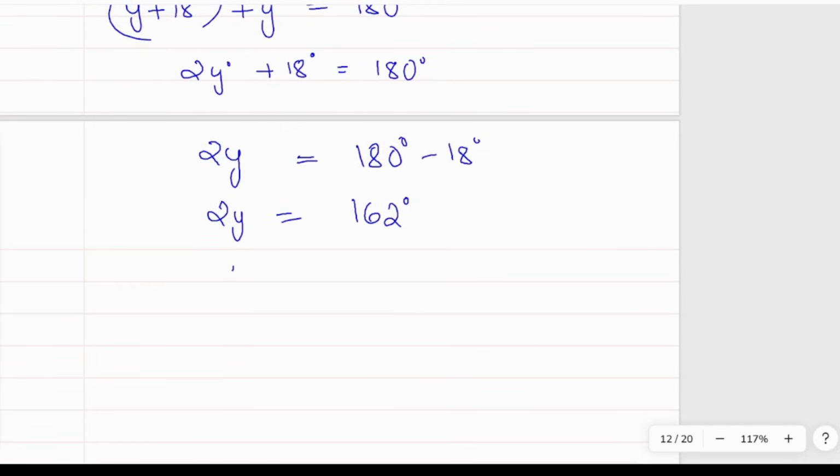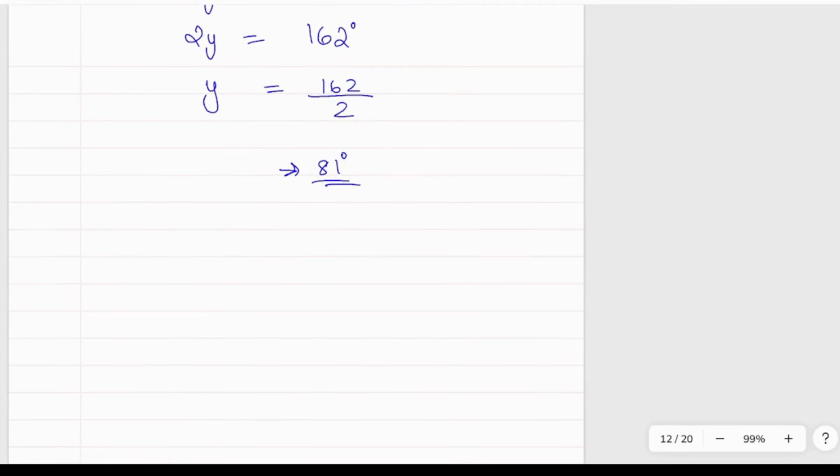So now, therefore, y equal to what? 162 divided by 2, which is equal to 81 degrees. So I got my y equal to 81.